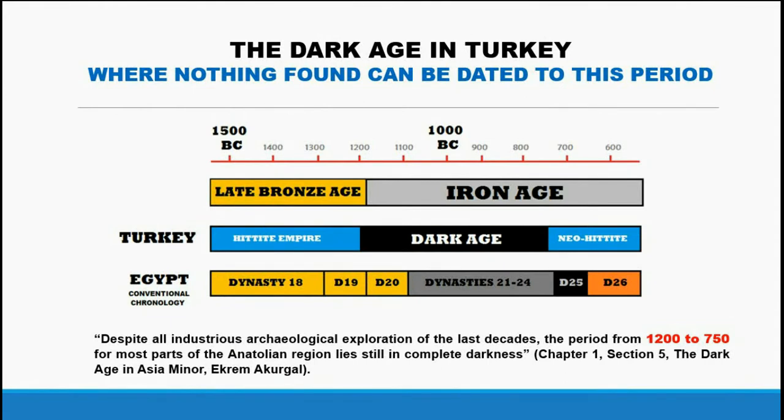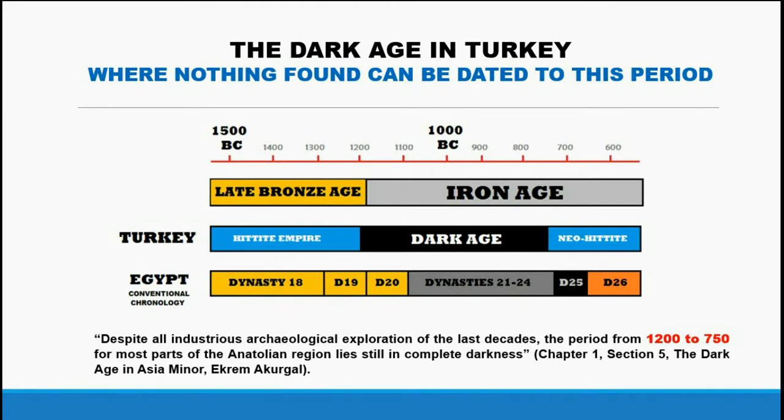In central and southern Turkey, where the Hittite Empire ruled, the Dark Age dating gap is consistently found to be over 600 years, and this is due solely to dating the treaty of the 19th dynasty pharaoh Rameses the Great with the Hittites to the 1200s BC.